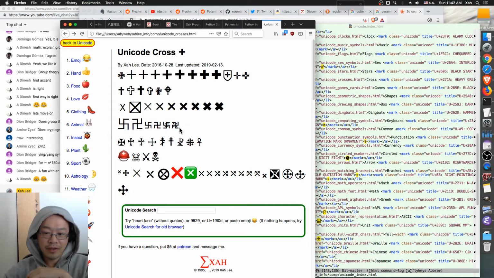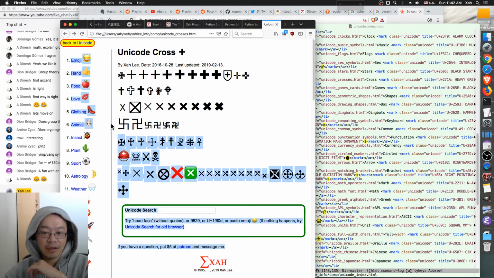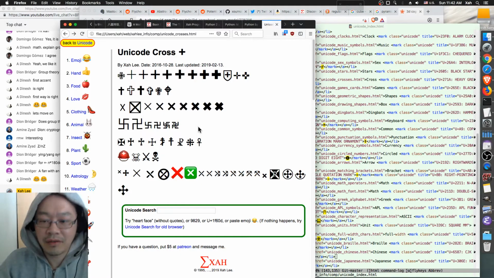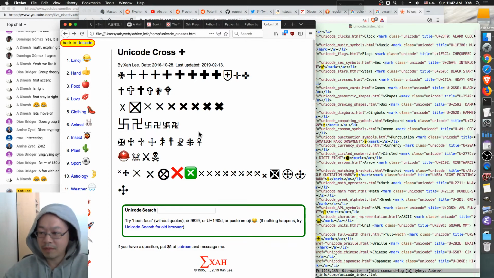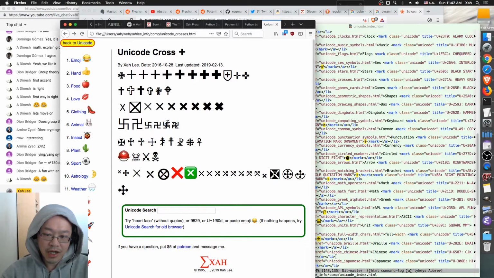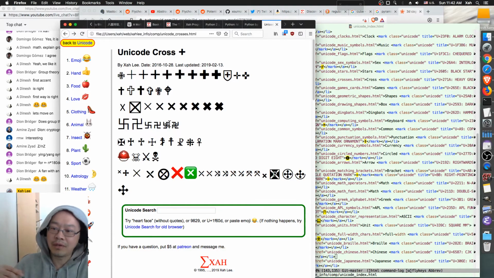Now, by the way, if you don't know, the origin of these symbols is ancient, from maybe 3,000 years ago. They are Buddhist symbols, and I'm not going to go into that. In fact, this character in Chinese is pronounced "wan."